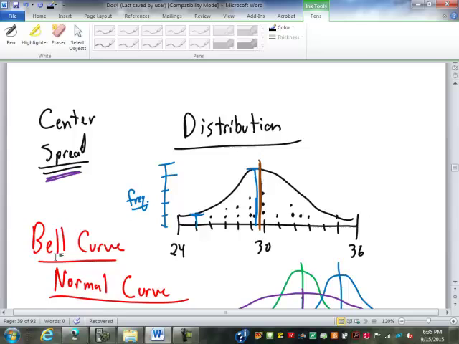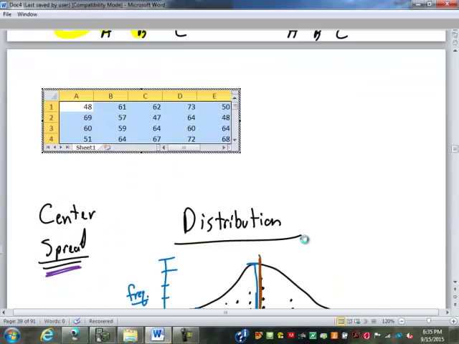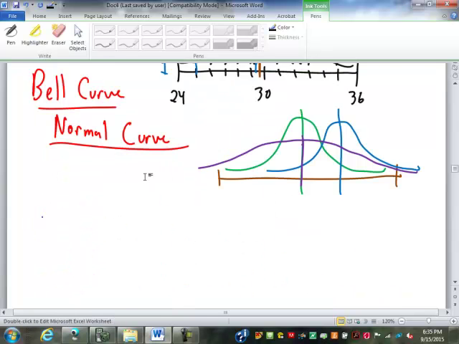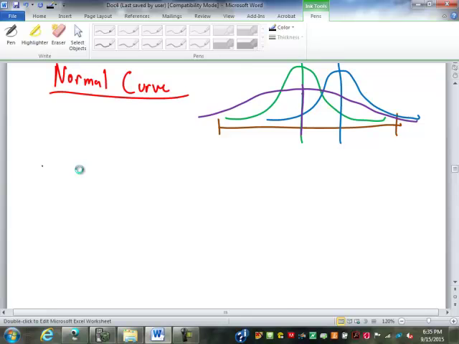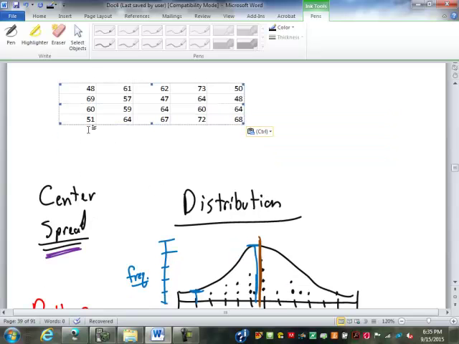Anyway, I've got a list of numbers here that I'm going to use for doing that. This list of numbers here is just a set of 20 numbers that I randomly created. And we're going to take this list of numbers and look at finding numerical ways of finding the center and the spread of those numbers.